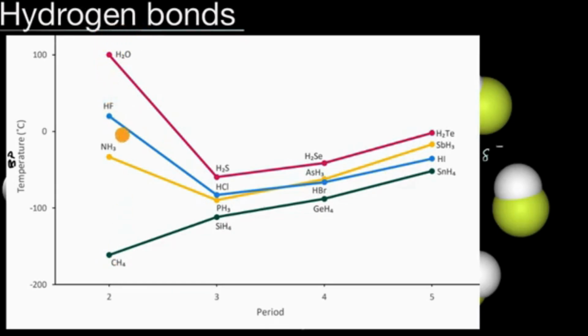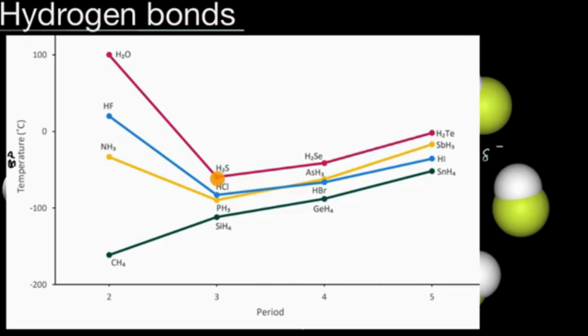Now, some of you might be wondering, well, look at these molecules formed with period 3 elements and hydrogen, or period 4 elements and hydrogen. They also don't have the same boiling point, even though you would expect similar London dispersion forces because they have similar molar masses. And the separation that you see here in boiling points, this too would be due to other things other than London dispersion forces.